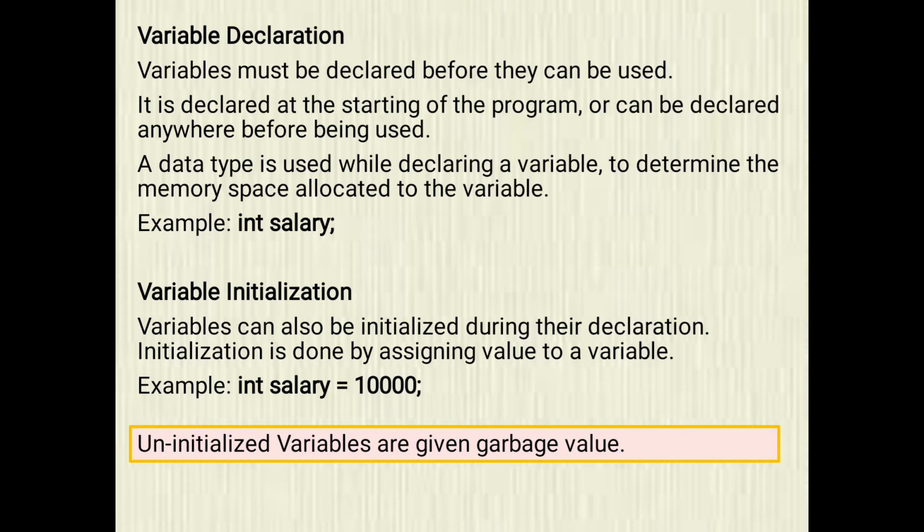That is a garbage value, because a command is given to the compiler to print out the data, and since no data is assigned, the garbage value will be printed out. In the case of a decimal point data type, a decimal output will be printed out as a garbage value.